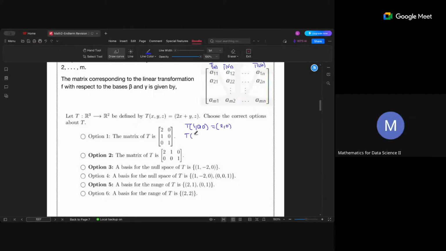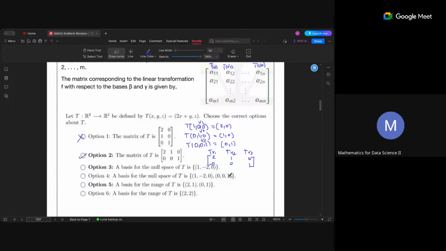And T of 0, 1, 0? 1, 0. And T of 0, 0, 1? 0, 1. So this is your V1, V2, V3. We write T V1, T V2, T V3 as columns: 2, 0, 1, 0, 0, 1. Which option is correct? Second. So this option is incorrect.